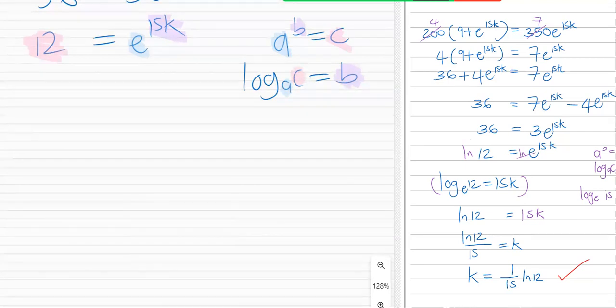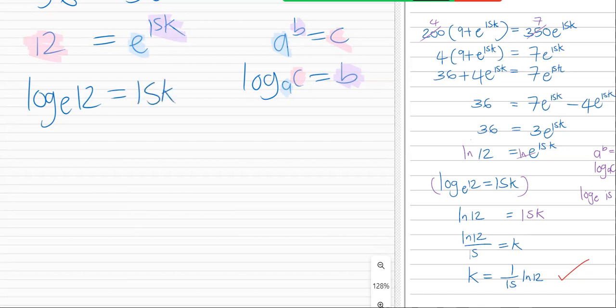So if we write that out, we're going to end up with log_e C, which is 12, equals B, which is 15k. So we've made 15k, which was our exponent, into the subject.